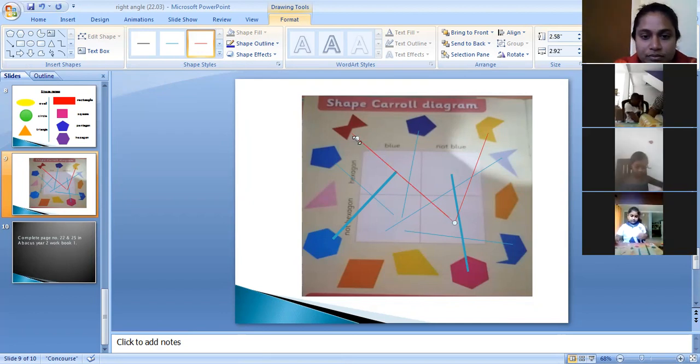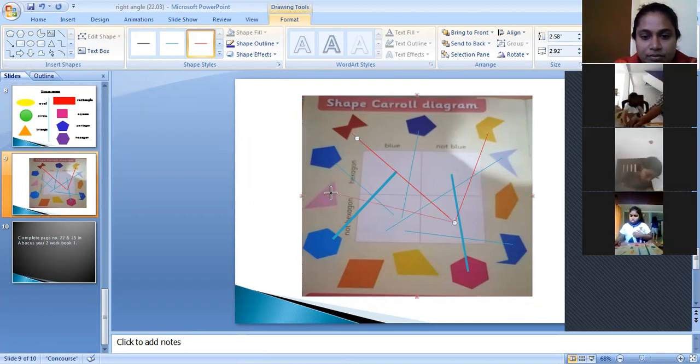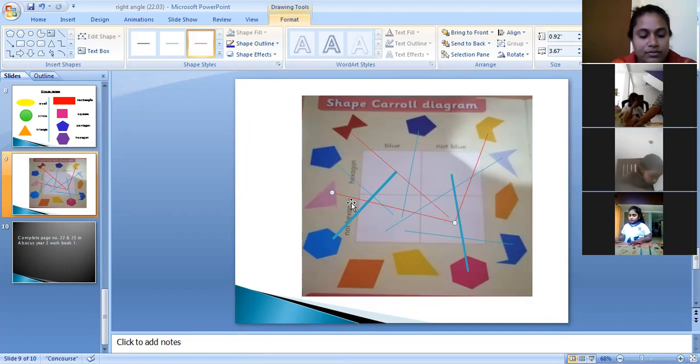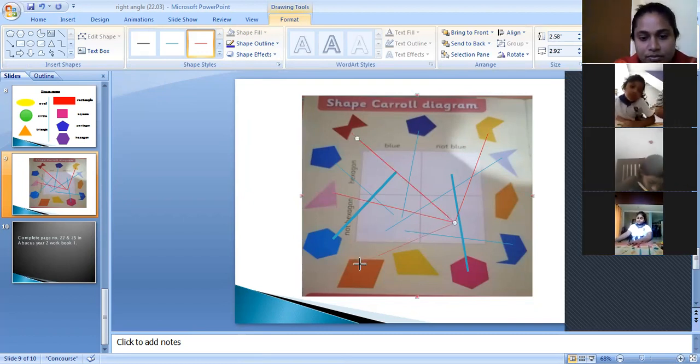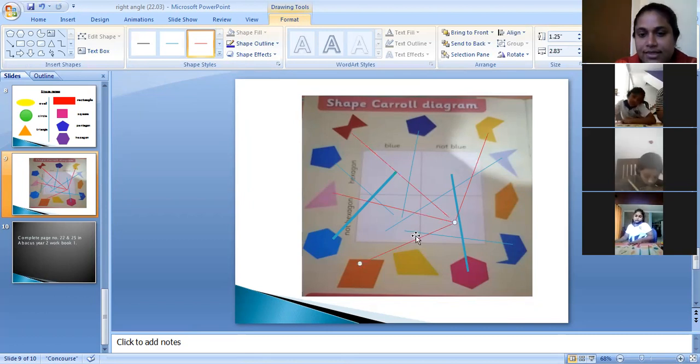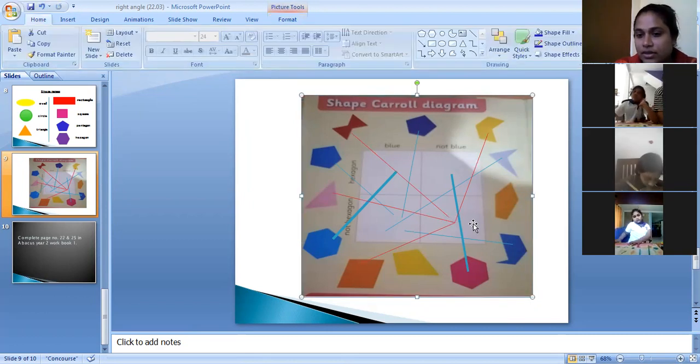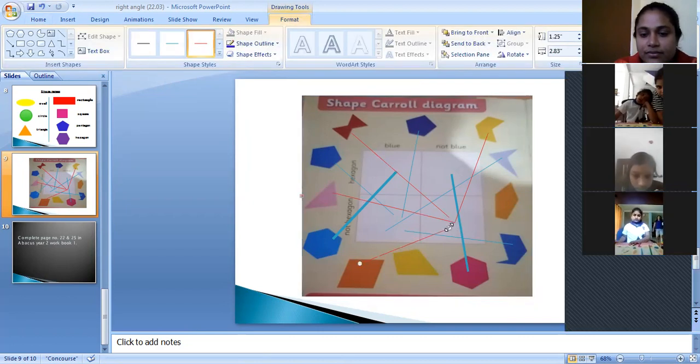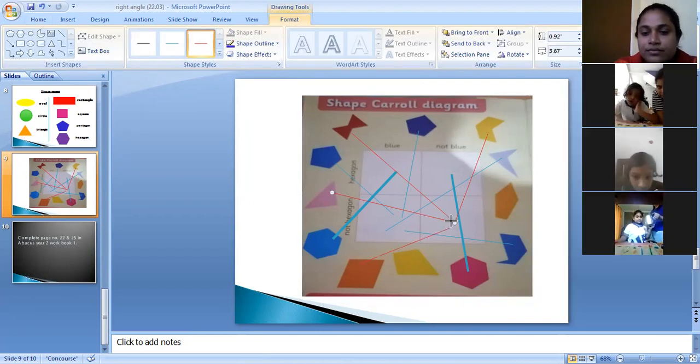These are not hexagon and they are not blue in color, so we can match them here. There are 2 more to match.